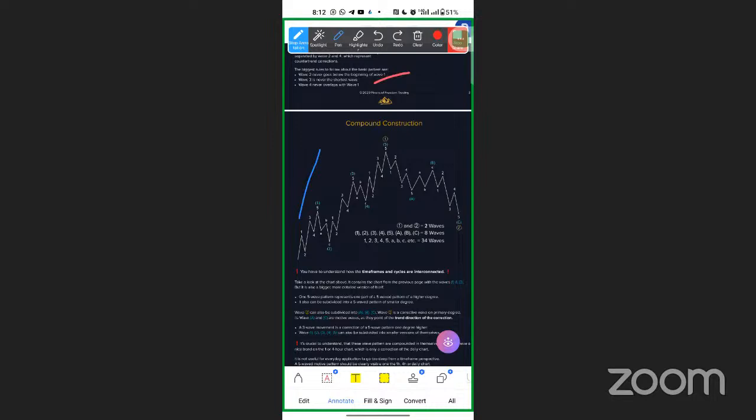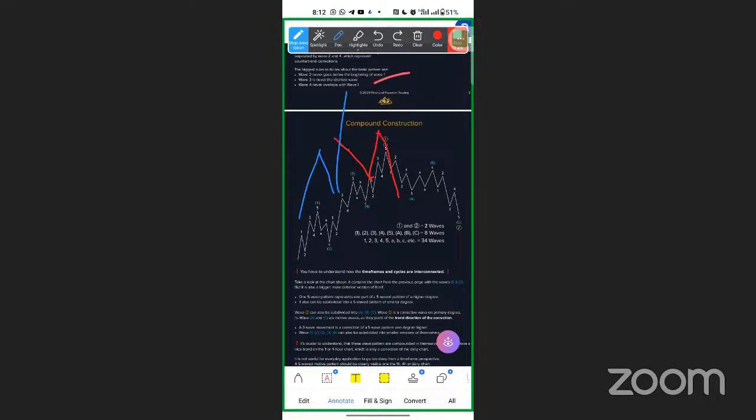When a bearish Elliott wave is starting, it starts like this, 1. When a bullish Elliott wave is forming, it will form a 2. When the bearish Elliott wave forms, it will form a 2. A bullish wave will form a 3, and a bearish wave will form a 3.